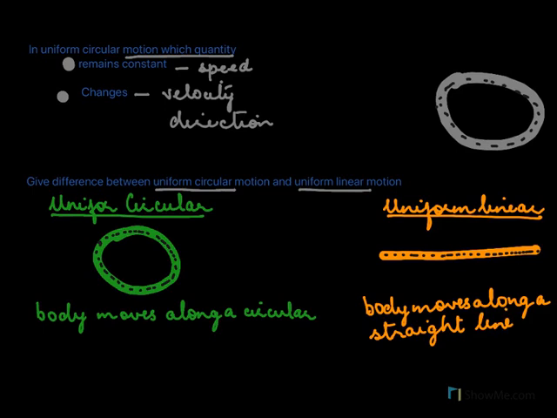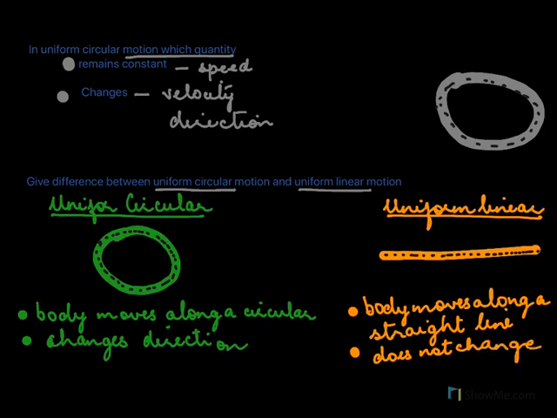So in circular motion we see the body changes direction. The second point, changes direction. And here it does not change direction. Let's get on to see about acceleration. What do you expect the uniform circular motion to be? We have discussed this already.